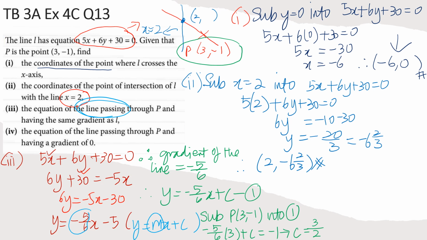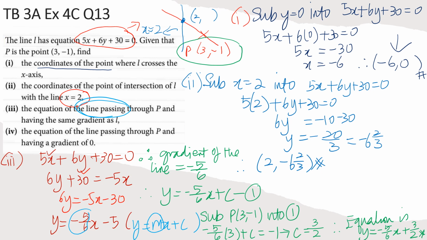So therefore, the equation is y equals negative 5 over 6 x plus 3 over 2. That's how we can do it for part 3.